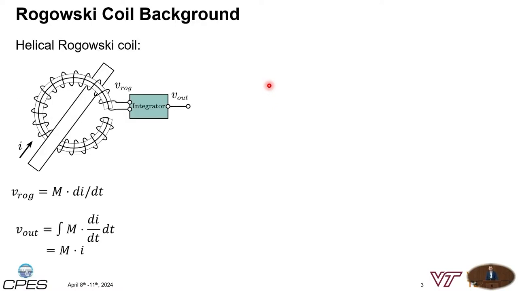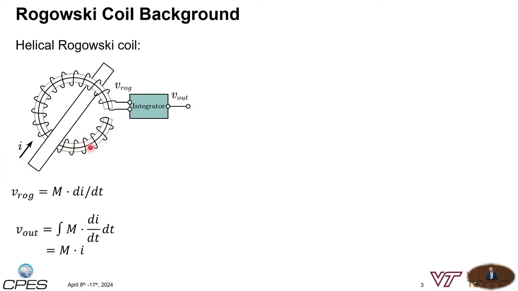If we dive right into the Rogowski coil itself, the Rogowski coil was first proposed by the German scientists Rogowski and Steinhaus in 1912, so it's over 100 years old, the technology. The idea is that a current carrying trace induces a magnetic field around it.